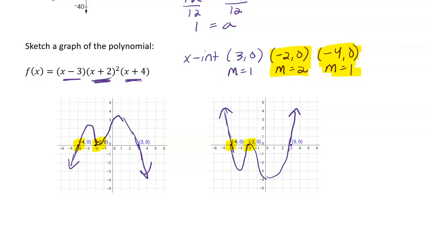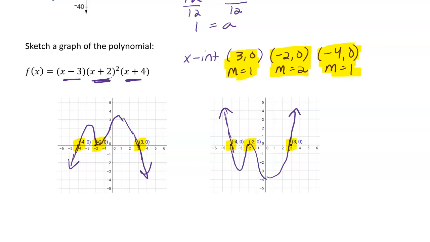And at your x-intercept of 3, we have a multiplicity of 1. Each of these students has plotted the correct x-intercepts, and they have done the correct behavior at each of these multiplicities. But obviously the graphs are different.